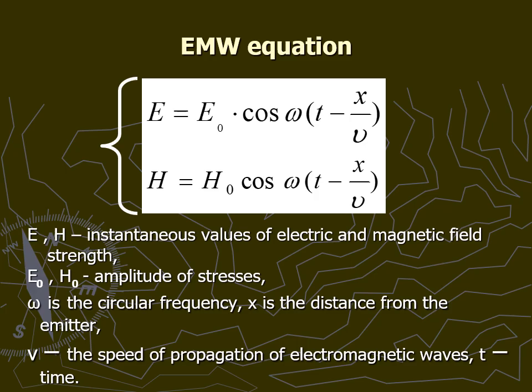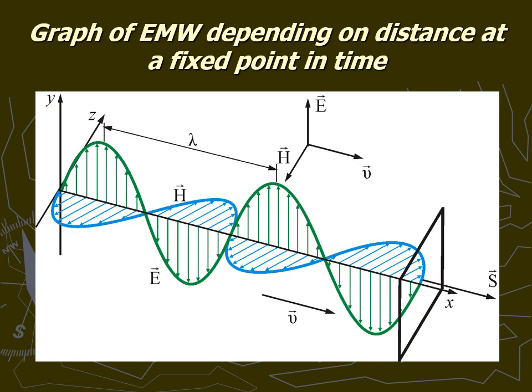According to these formulas, according to this equation, we can also draw a graph of an electromagnetic wave. Either we have to fix the time or fix the distance. In this case, we have a graph showing a fixed point in time, depending on the distance.